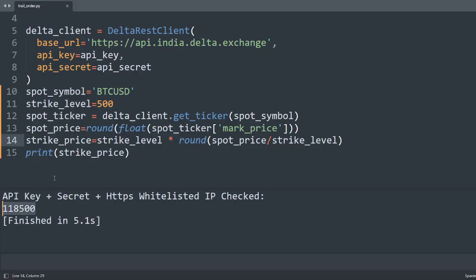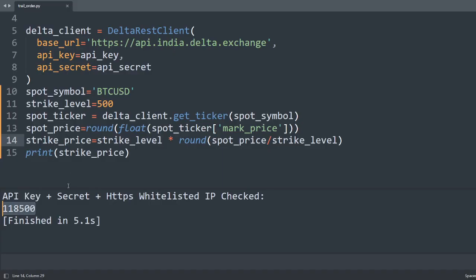Somewhere the price is moving between 500 to 600 or something. It went below and then came up, so we just round it up, and that is best. I think we are able to get what we are looking for. So we definitely have a 500 level. Whichever level you feel like, you can go with it, even 100.